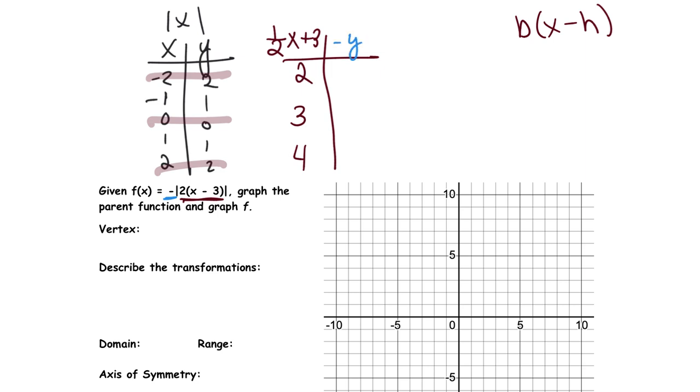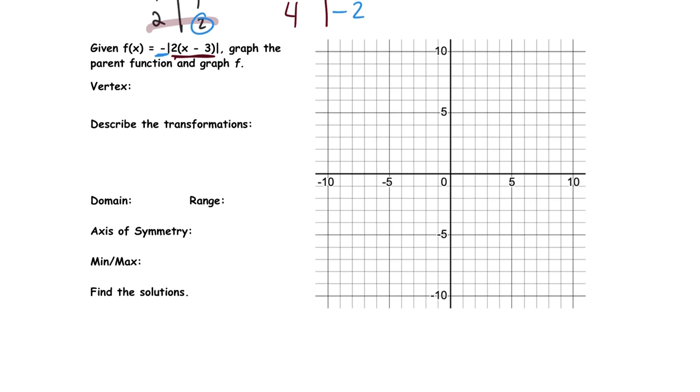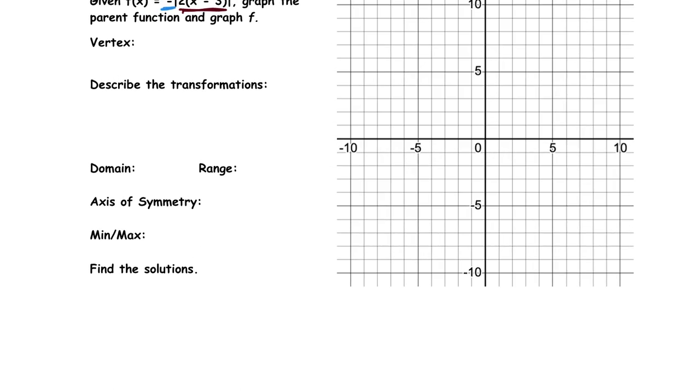So it's just going to be -y. So I got this one right here, -2. I got 0, 0 is just 0. And I got this one right here, it's -2. So at this point, I could just graph that, but I'm not going to. I'm going to graph it by way of transformation so that you can see that. And then we're going to check and see if our points are actually there.